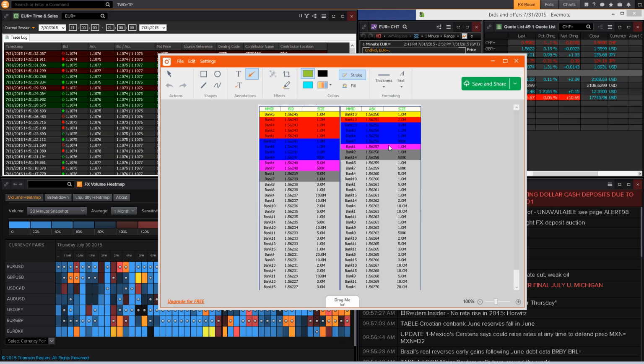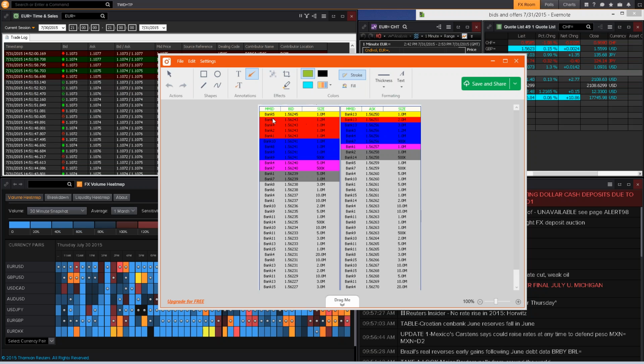It shows each bank offering how much volume at the bid and at the offer. So let's say bank number 5 bids 1 million for execution, and bank number 13 matched the offer.